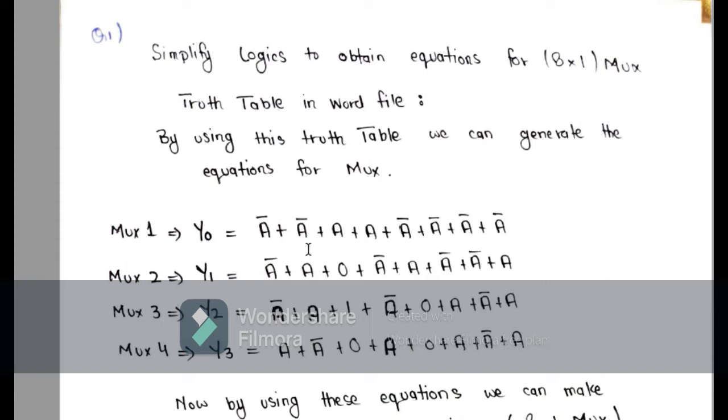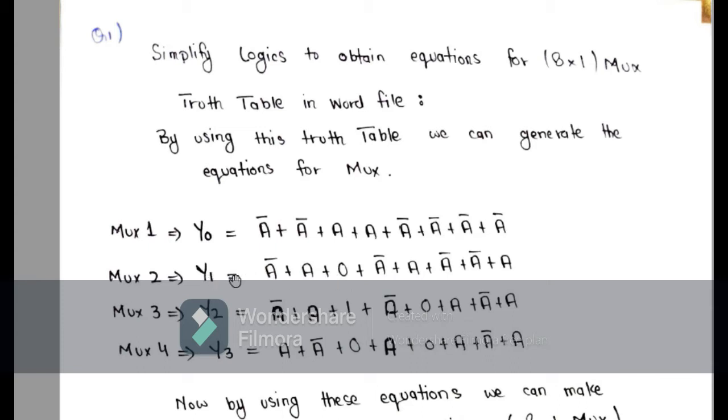I have made these equations by comparing the outputs Y0, Y1, Y2 and Y3 with the input A, and after creating the combinations of 2 inputs and 2 outputs I have made this relation between the outputs and inputs, where you can see the Y0 relation is A bar.